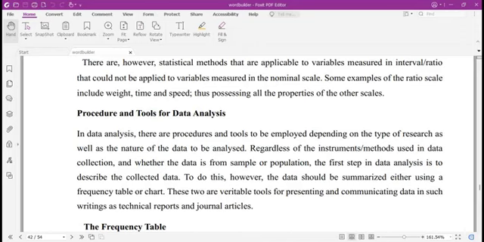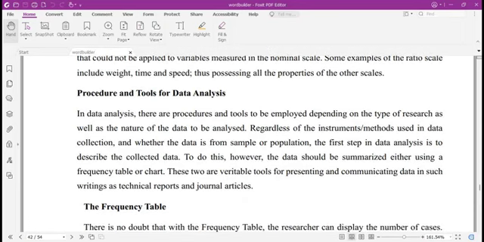So you summarize it, either you use a frequency table or you use a chart. These two are veritable tools for presenting and communicating data in such writings as technical reports and journal articles. So we are going to be looking at this frequency table and the charts.